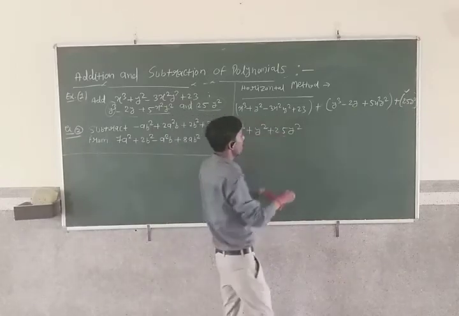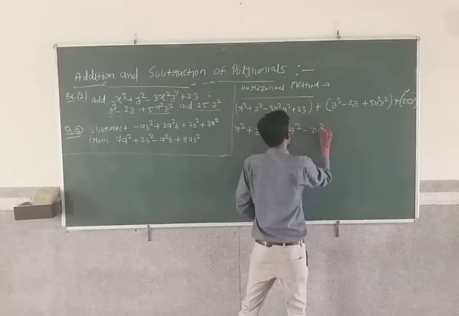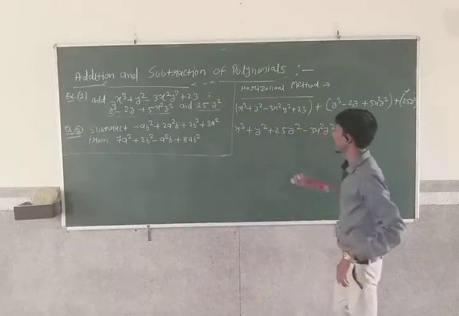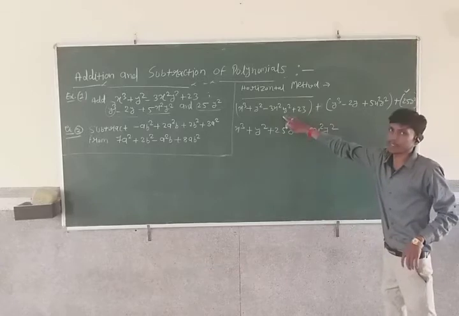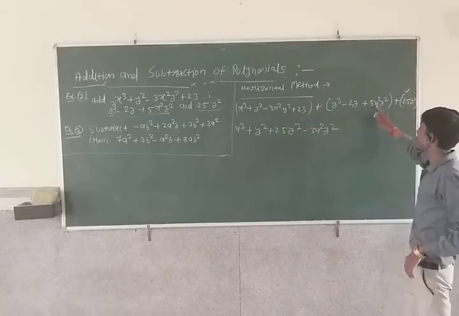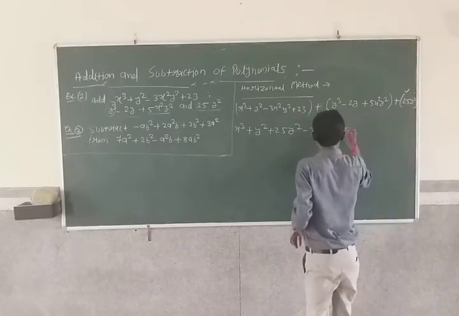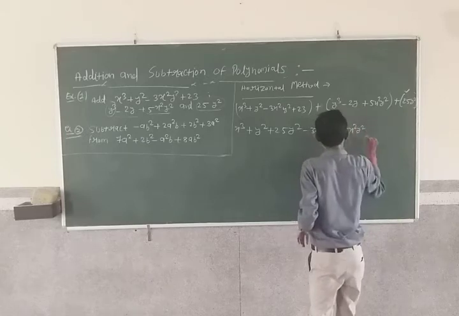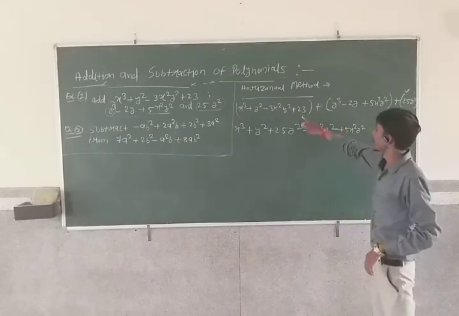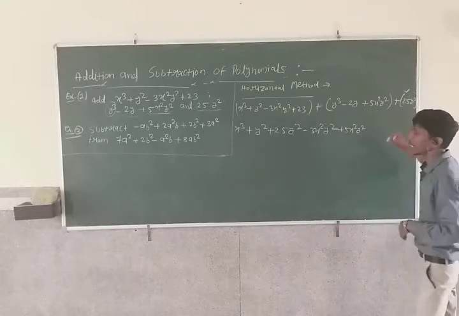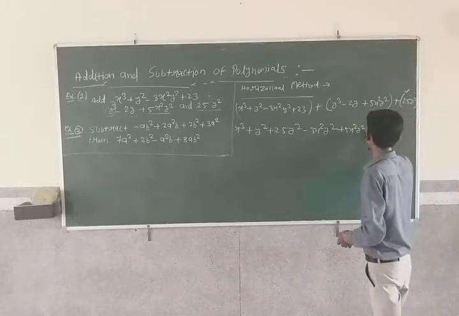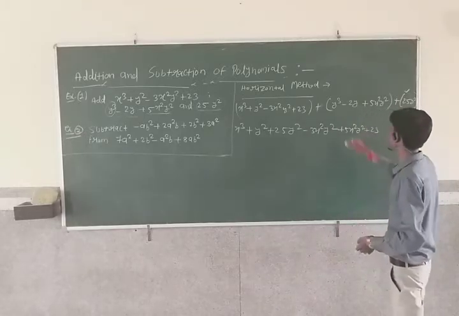Now the next is minus 3x squared y squared. Is there any term having x squared y squared as variable? Yes, we have. This is plus 5x squared y squared. Now plus 23. Is there any other constant term? No, we don't have any constant term. So I will write 23 as it is.